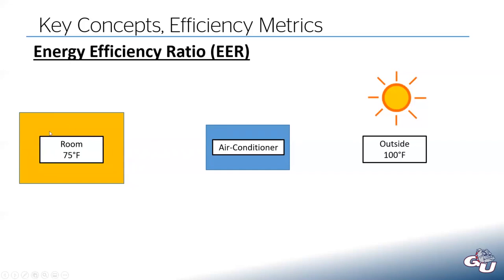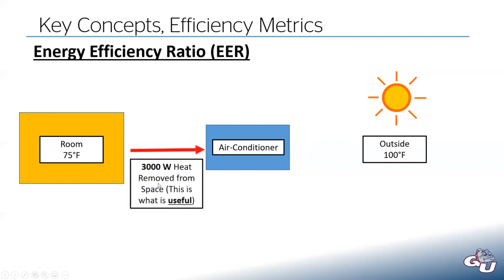If you have a room you're trying to keep at 75 degrees, which is a fairly common temperature to maintain, and you have this air conditioner whose job it is to keep that room nice and cool. Well, let's say that air conditioner is removing 3,000 watts of heat.